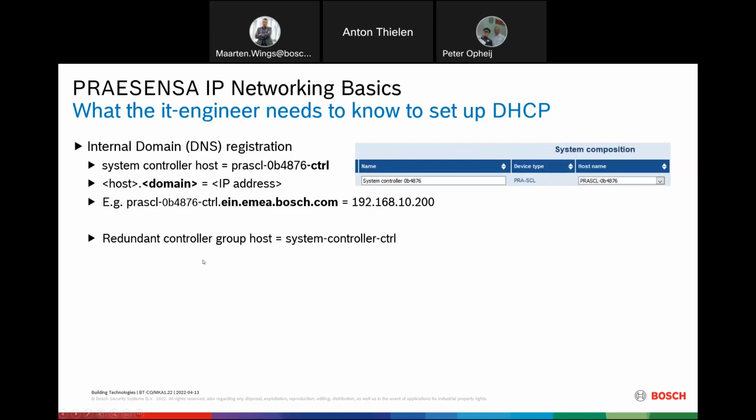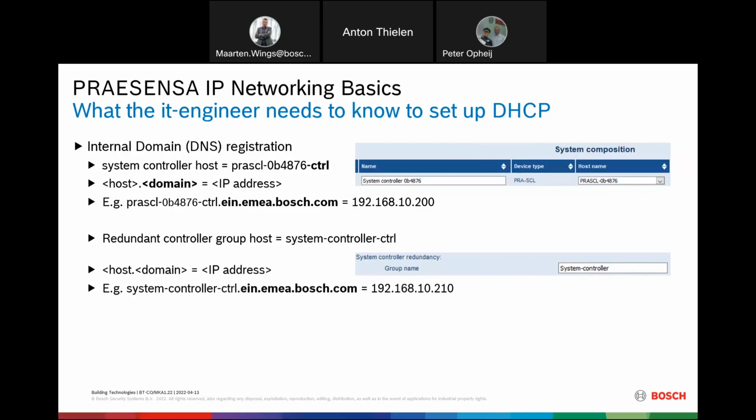Yeah, if you have a redundant controller, there is a configuration called the group name. So in your system configuration you can give your redundant controller group a host name. In this case, for example, you call it system controller.